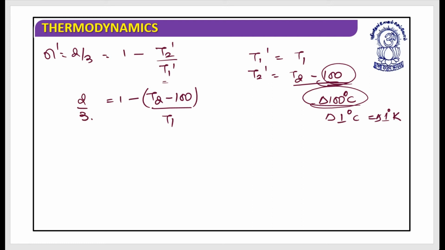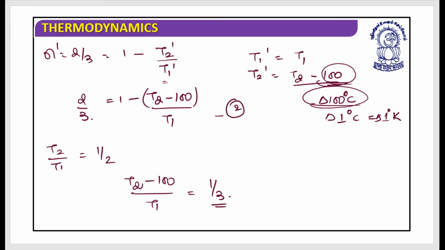With the relation T2 by T1 equal to 1 by 2 from the previous efficiency, (T2 minus 100) divided by T1 could be equal to 1 by 3 if I solve this. I hope this is clear. Is it clear? So this is the second relation, and this has been the third relation.